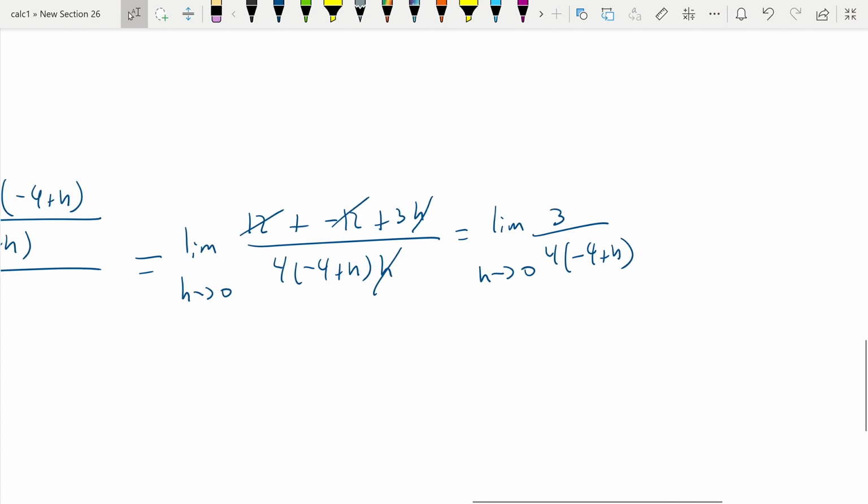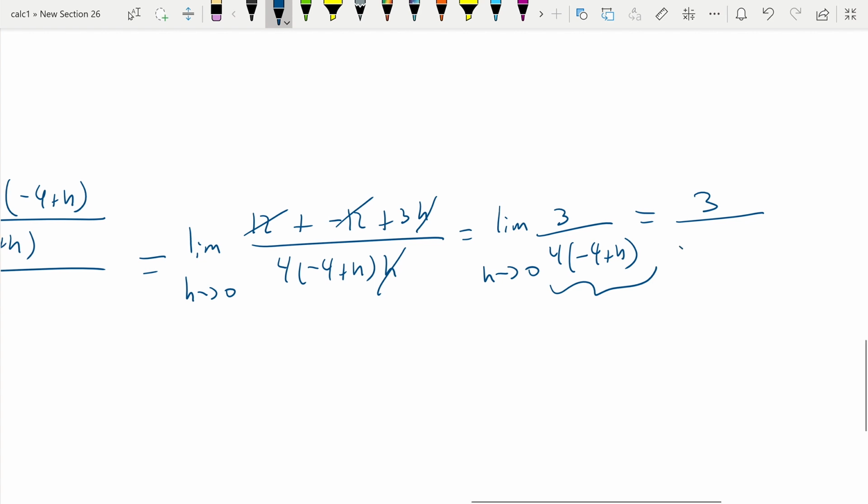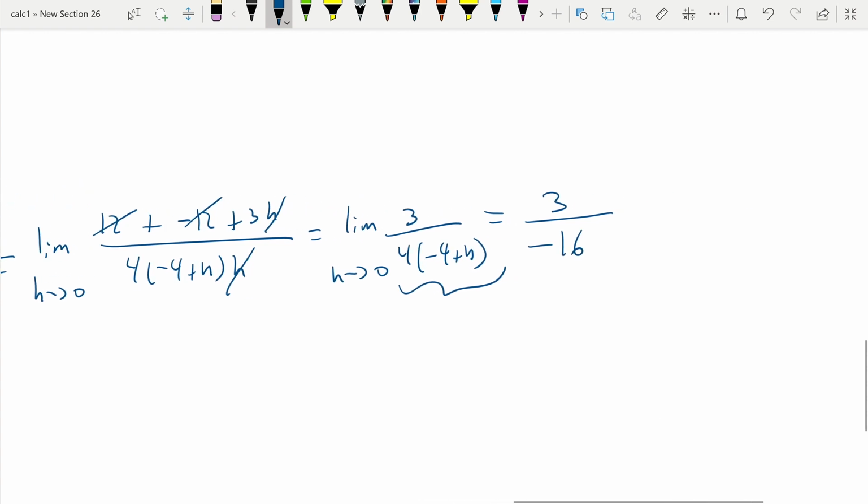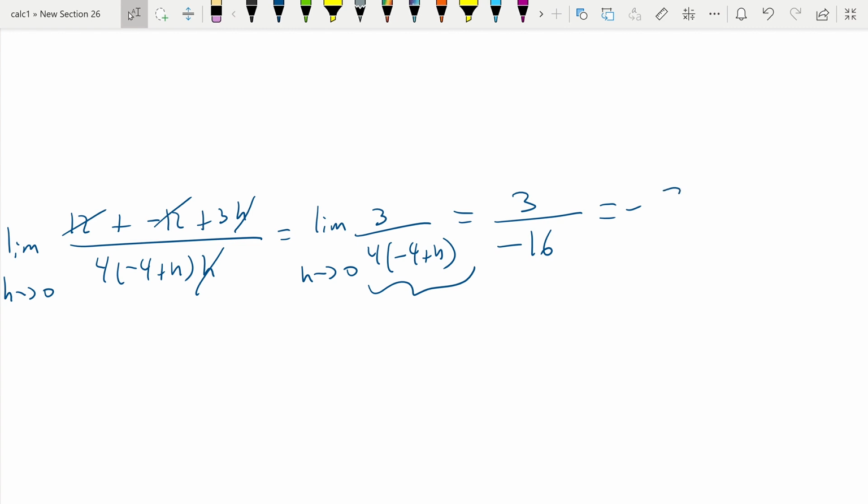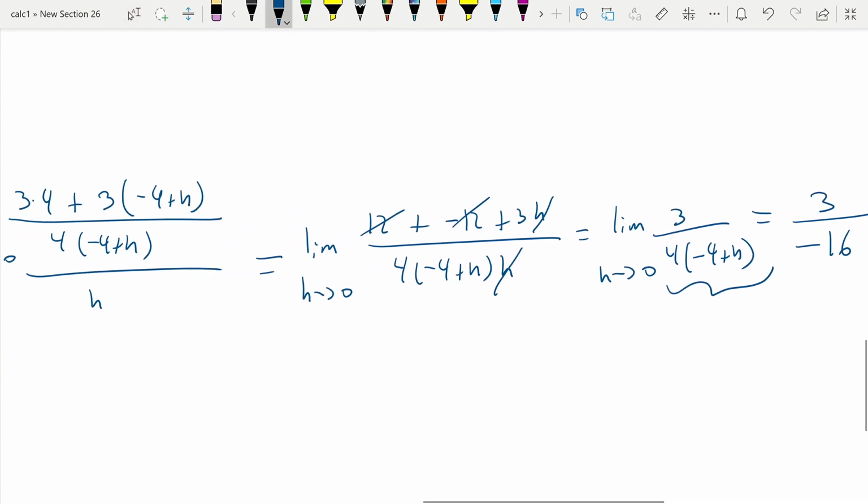But the quantity inside is a well-defined expression, so we can simply use the substitution method and plug in h equals 0. We get minus 3 over 16. That will be our final answer.